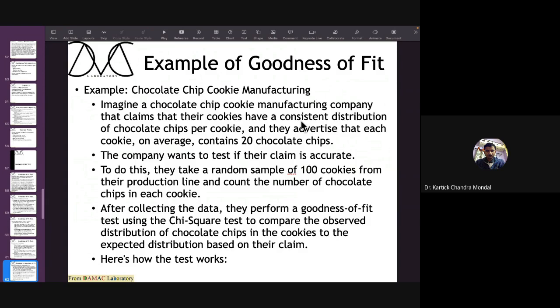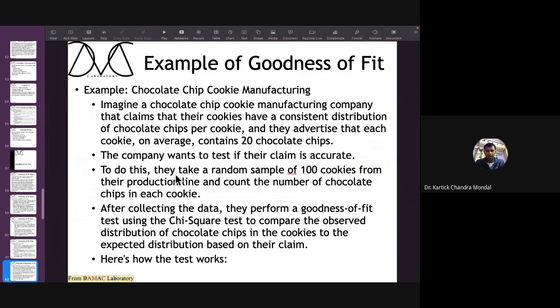Say it is not your company, it is someone else's company, and you are eating the biscuit and want to test that hypothesis, how many chocolate chips are there in a particular cookie, to understand whether the cookie is good for that price or not. So you want to test whether their claim is accurate.